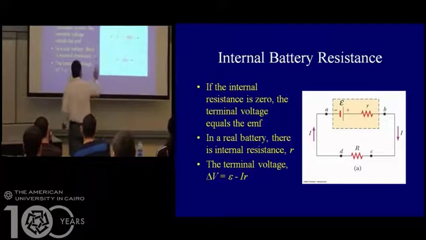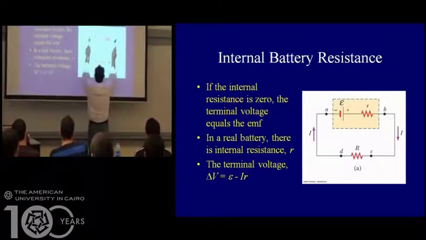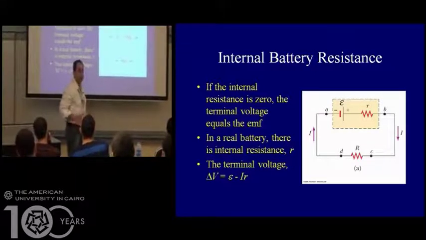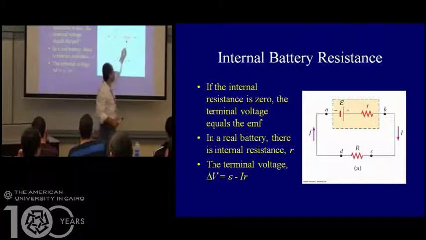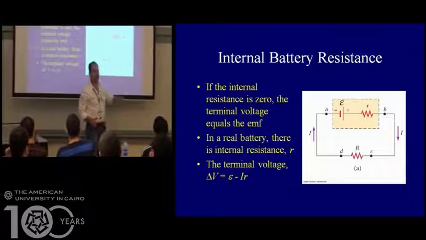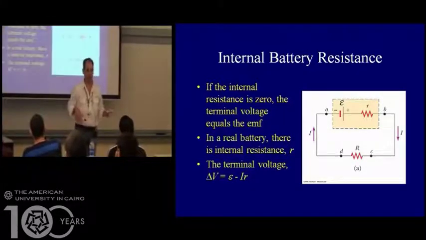Now, the potential difference across A and B, delta V, the potential difference between the two terminals of the battery, will equal the electromotive force minus the drop in the potential in the internal resistance. Any resistance causes a drop in the potential.